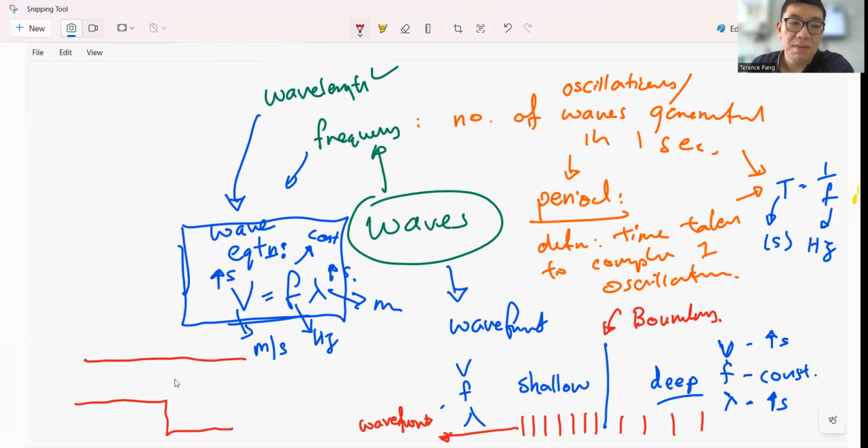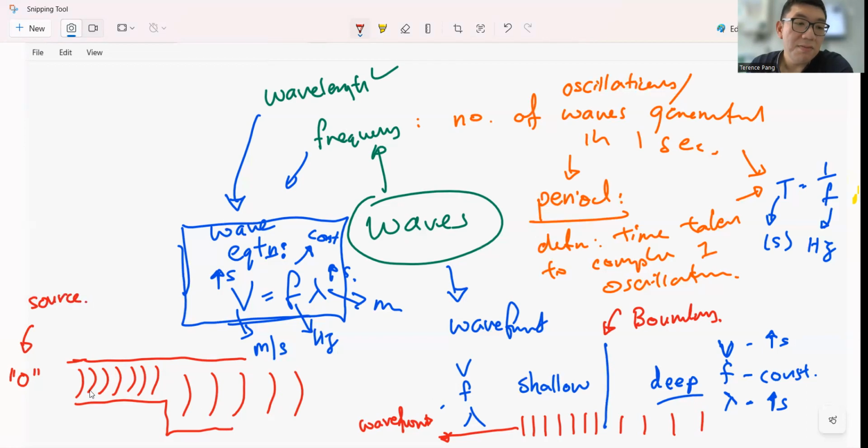The wave fronts themselves are more or less squeezed in between the water level. So this is the water level. They're more squeezed in between here, whereas here the wave fronts are being stretched out. Now the source is here. Let's say you've got a source producing it.